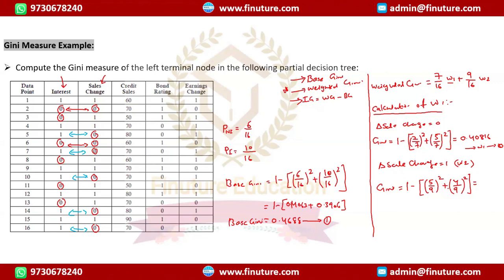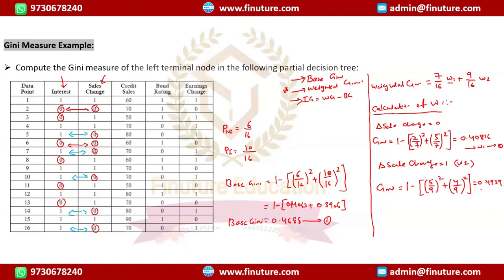Over there, we have to do a lot of calculations. 0.4939. Now this is something which I have to substitute here.